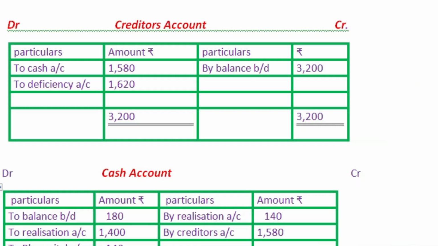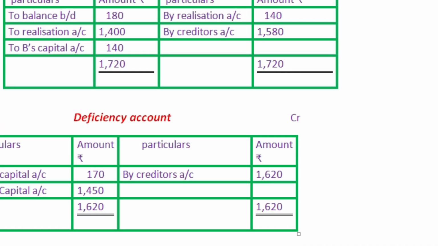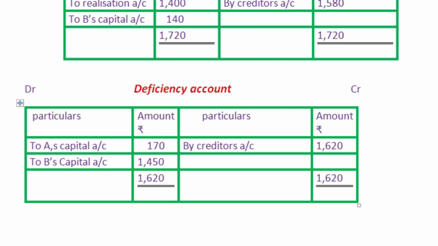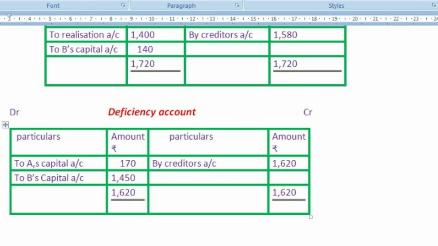Let's see here. This is the deficiency account prepared, and in the capital columns the credit side deficiency will come here on the debit side. Here 170 deficiency, and B's capital 1450 deficiency.